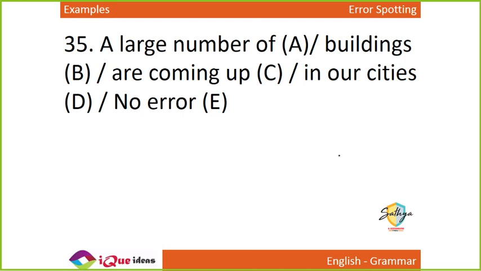But if you are the Prime Minister of the country, or you think yourself as a national citizen, then obviously multiple buildings can come up in multiple cities. Technically, there is no error in this sentence. There's nothing wrong in saying a large number of buildings are coming up in our cities. This sentence is correct from a particular point of view. Grammatically, it can be right. Aditya, national point of view, yes.